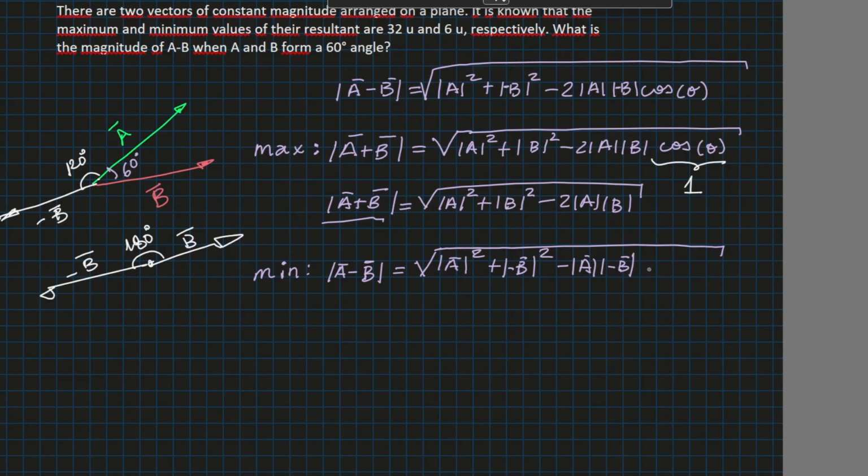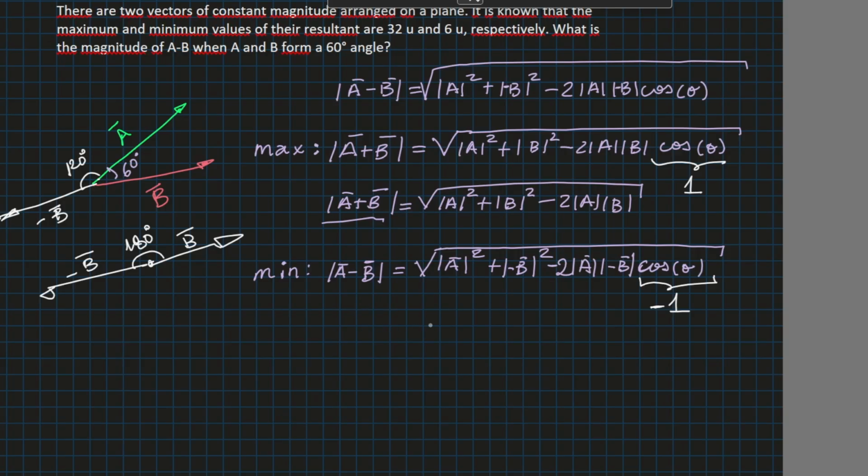The magnitude of B, here we need 2 times, place minus 2 times A B cosine of an angle. So to make this minimum, the minimum value of the cosine is minus 1. For example, cosine of 180 degrees is minus 1.